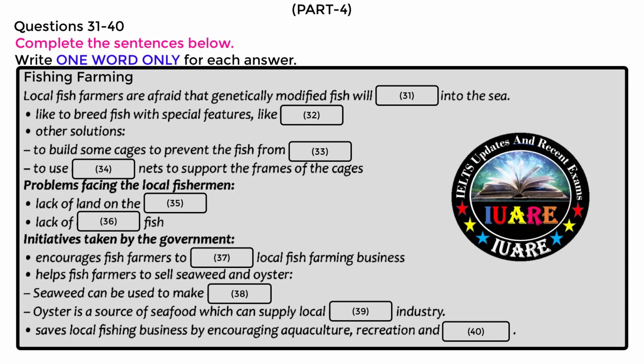Now turns to part 4. You will hear part of a lecture about aquaculture and the fishing business. First, you have some time to look at questions 31 to 40.